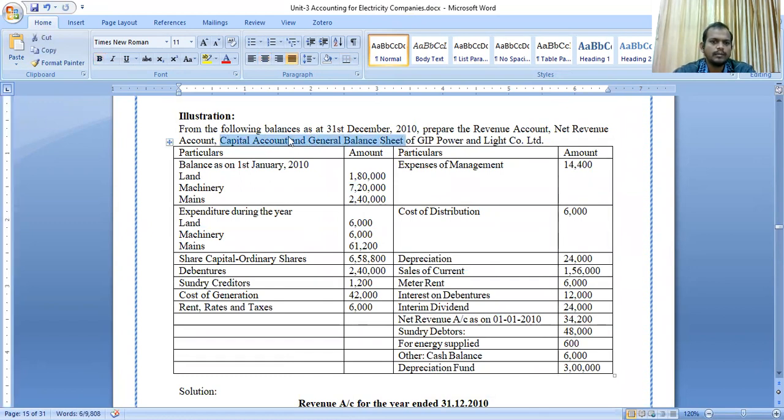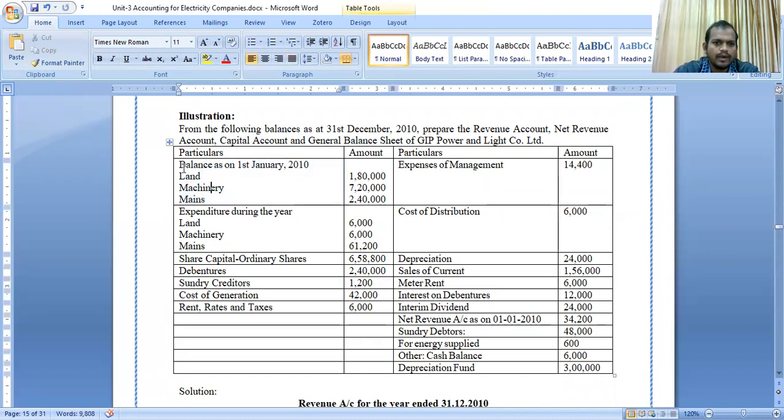So capital account is the part 1 of the balance sheet and general balance sheet is the part 2 of the balance sheet. So whatever the capital related items, we have to show it in the capital account, and current assets and current liabilities we have to show it in the general balance sheet, as well as whatever the transfer amount from the net revenue account and other reserves as well. Okay, so let us move on to the balances.